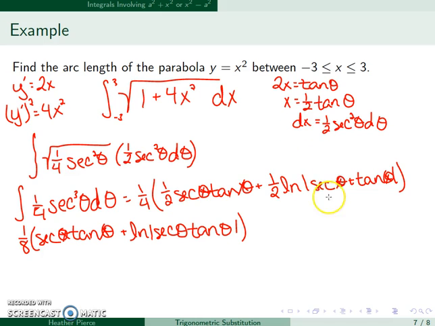However, we are going to go ahead and substitute back into x. So I have my triangle. Here's theta. For a tangent substitution, this is x. This is a. And this side is the square root of a squared plus x squared. So I have 1 over 8 times secant of theta. So secant is 1 over cosine.